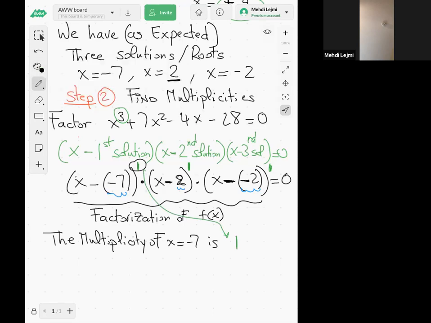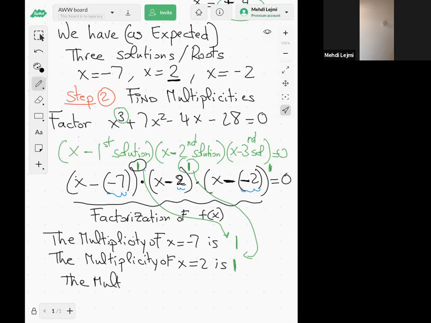Same here, multiplicity for +2 is 1, right? We got 1 here. And finally, multiplicity of -2 is also 1. All of them have the same multiplicity, which is 1, right?